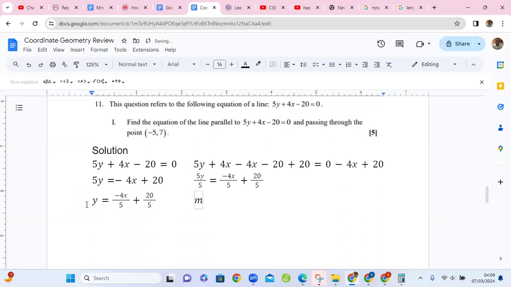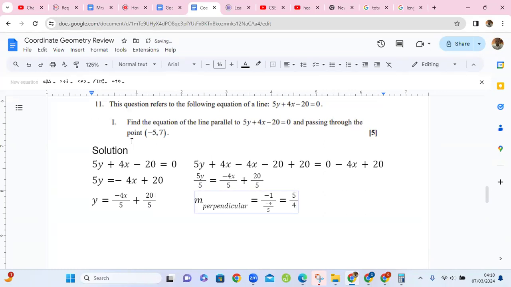Now the gradient, the m, of the perpendicular line is equal to -1 over that original gradient, -4/5. -1 over -4/5 simplifies to 5 over 4, because the negative cancels out and the reciprocal flips the fraction.